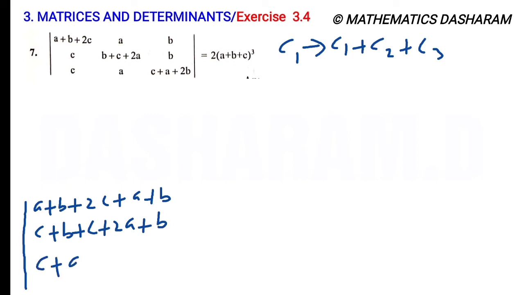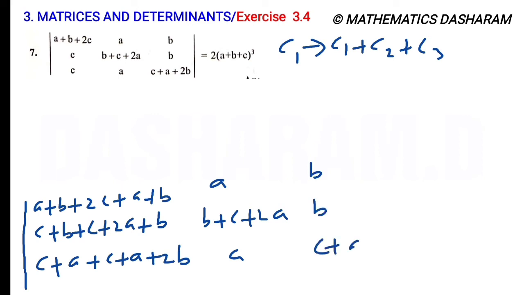Next c plus a plus c plus a plus 2b. And the remaining two columns will come as they are, b plus c plus 2a, a. Next here b, b, c plus a plus 2b.